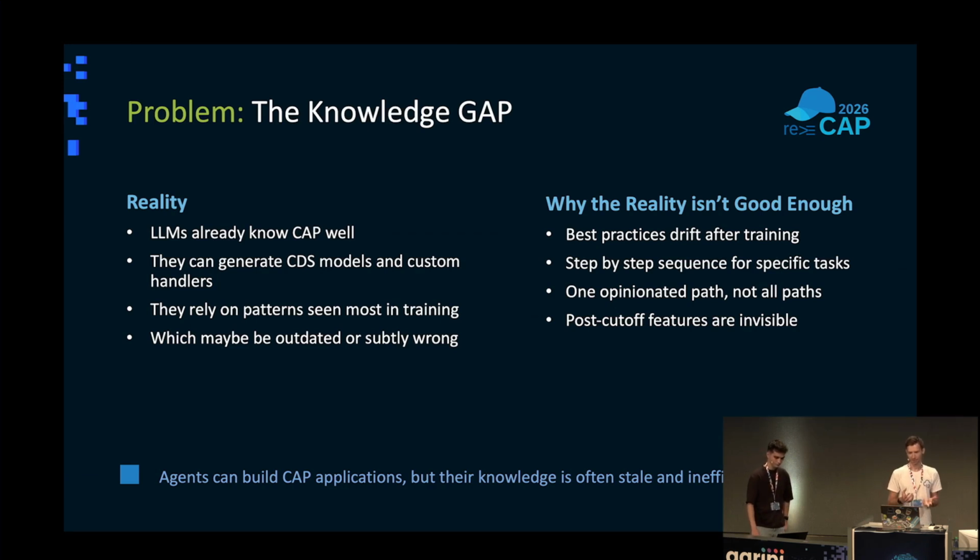A few more reasons for skills: if you give an agent all the possible ways of doing something, it will pick a different way every single time. And maybe that's not the most token-efficient way, not the fastest way, not the best way for an agent to achieve something. One example I could give is, when we create a new application, you want to have some test data in that application.